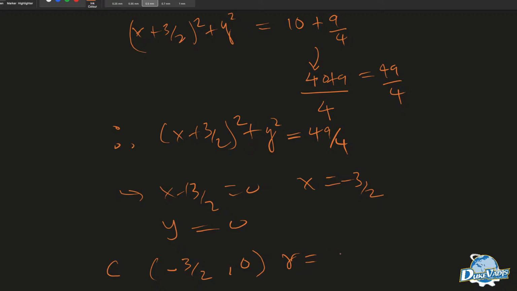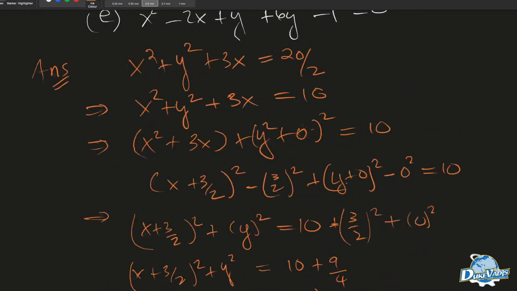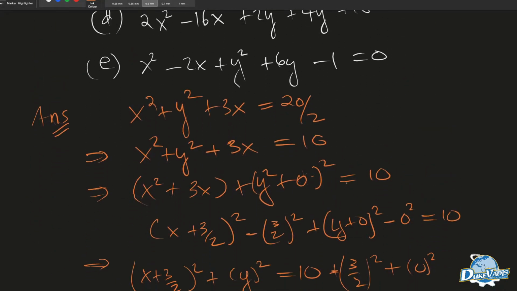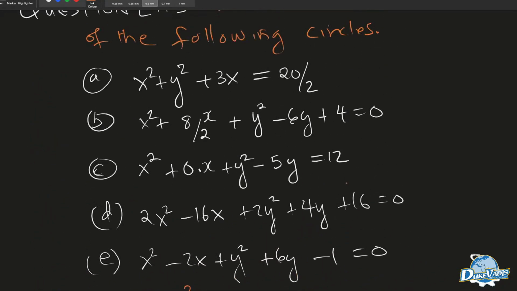So when we take the square root of that, this will be the square root of 49 over 4, which is 7 over 2. Is it anything difficult? Okay, now let's look at the other ones.